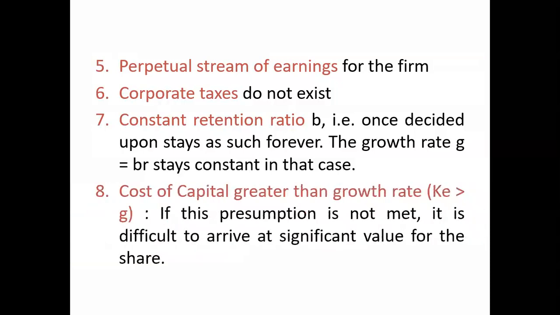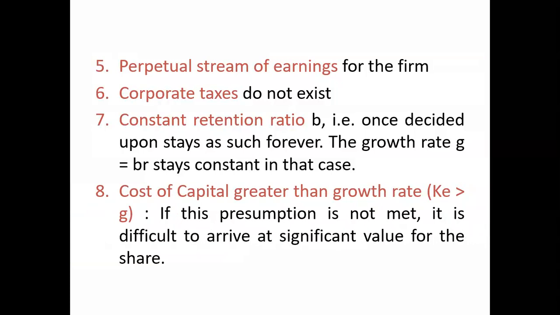And the last one, very important in Gordon's model, the key point that has to be understood by everybody: the cost of capital is greater than the growth rate. Here the cost of capital is presumed to be more than the growth rate. If this presumption is not met, it is very difficult to arrive at a significant value for the share.